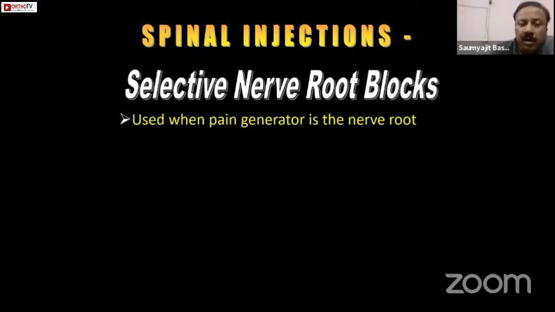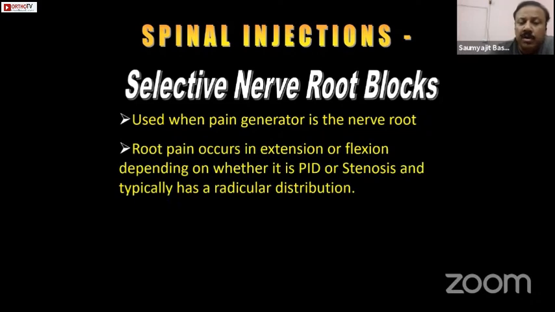Going on to selective nerve root blocks, it is usually used when the pain generator is the nerve root. Root pain occurs in extension or flexion depending on whether it's a PID or stenosis, and typically has a radicular distribution. I loved the presentation of Saumyajit when he correctly showed us the pictures in which you can understand whether the root is an up-down stenosed root or a front-back stenosed root.